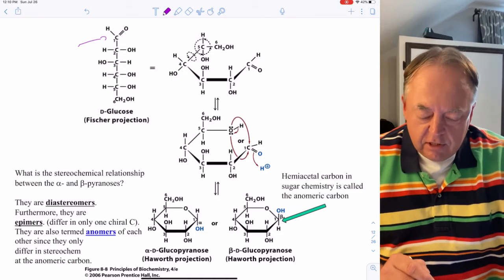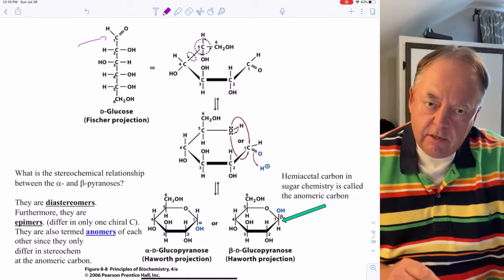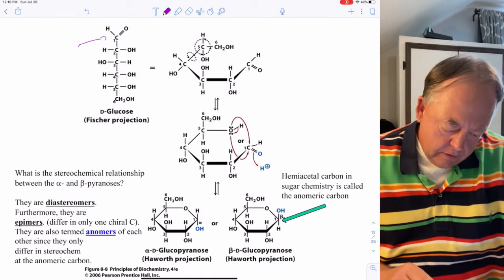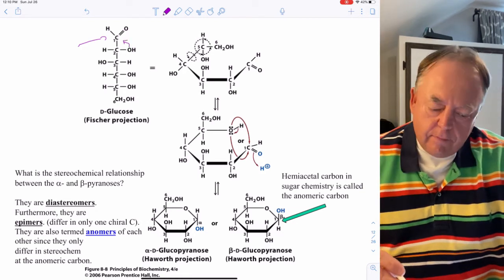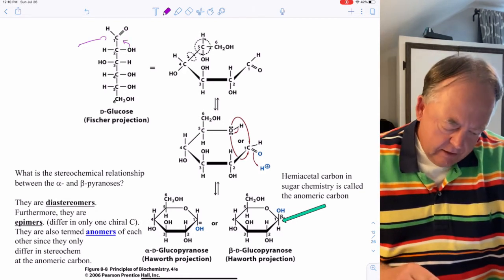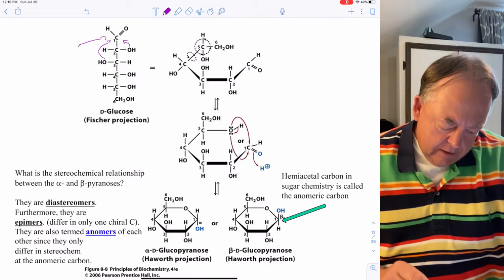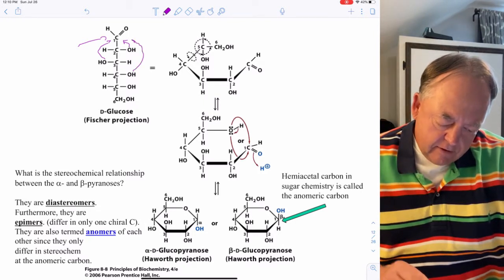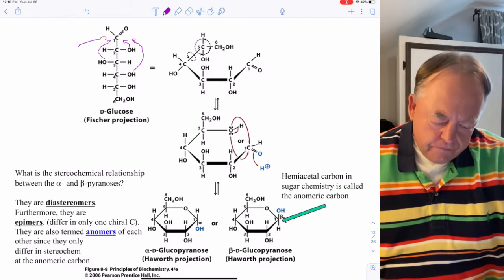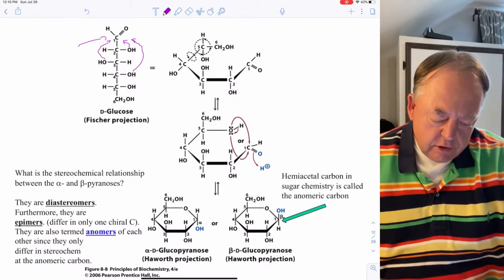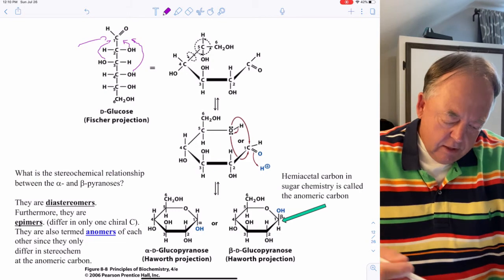oxygens, 5 OHs in the molecule, so any of them conceivably could attack the C double bond O, right? If this one did, though, that would make a 3-membered ring, and that's not favorable. If this one reacted there, that would make a 4-membered ring, and that's not favorable. If this one reacted there, that would make a 5-membered ring, that is favorable. 5-membered rings are quite stable.